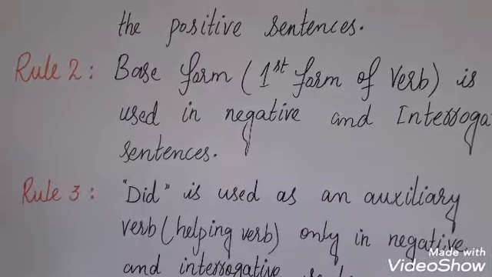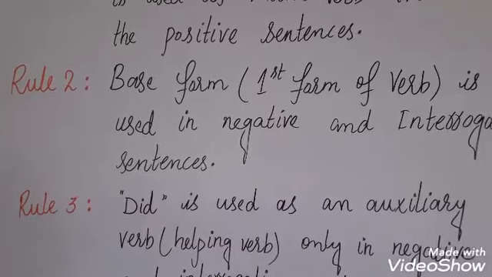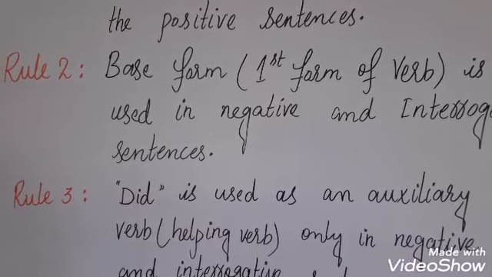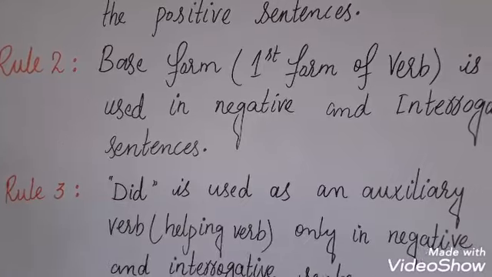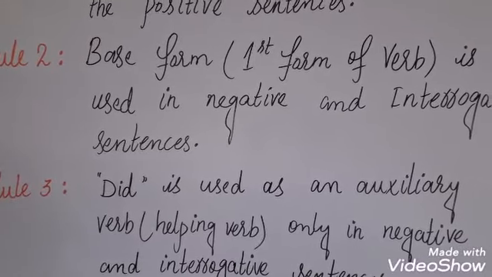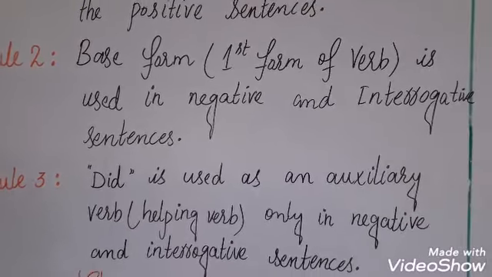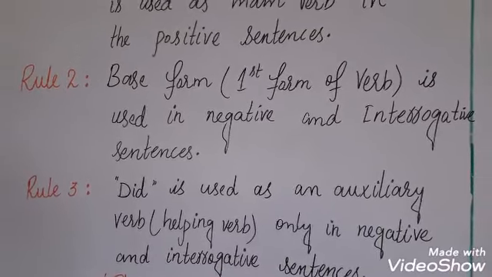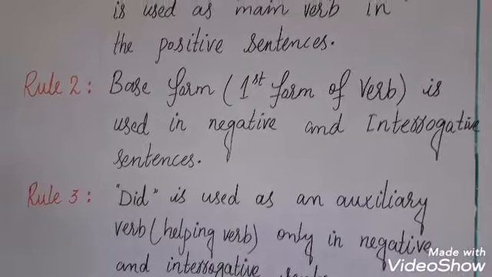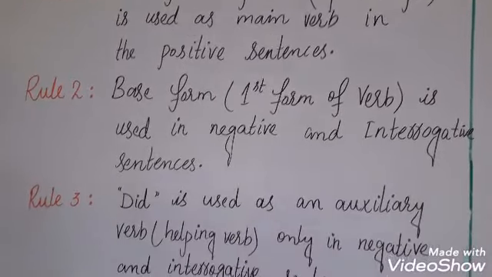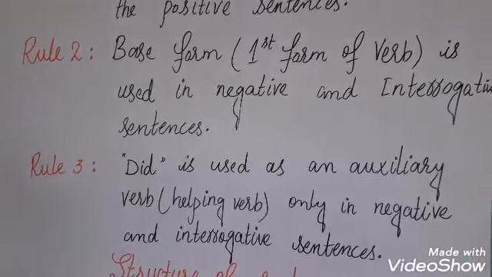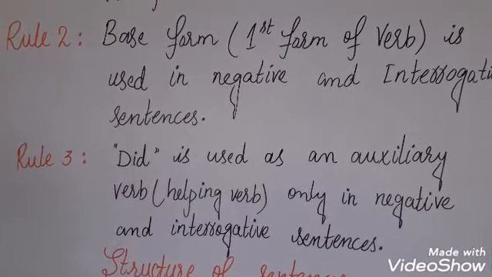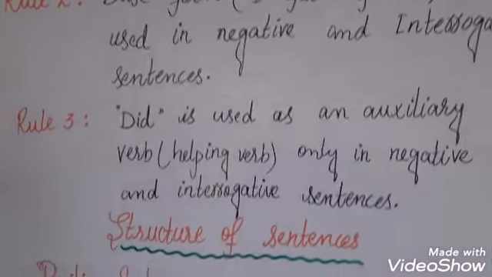Rule number 2: the base form or first form of verb, identified as V1, is used in negative and interrogative sentences. So in positive sentences we will use the second form, and in negative and interrogative sentences we shall use the first form of verb.